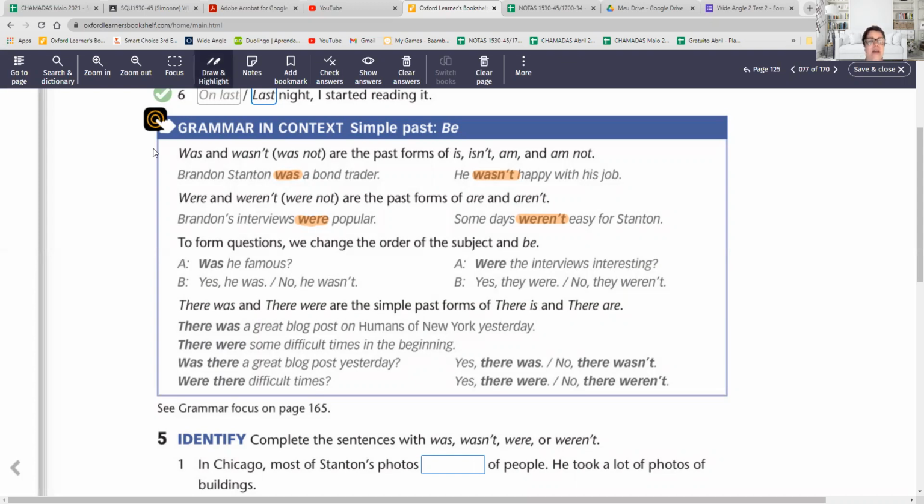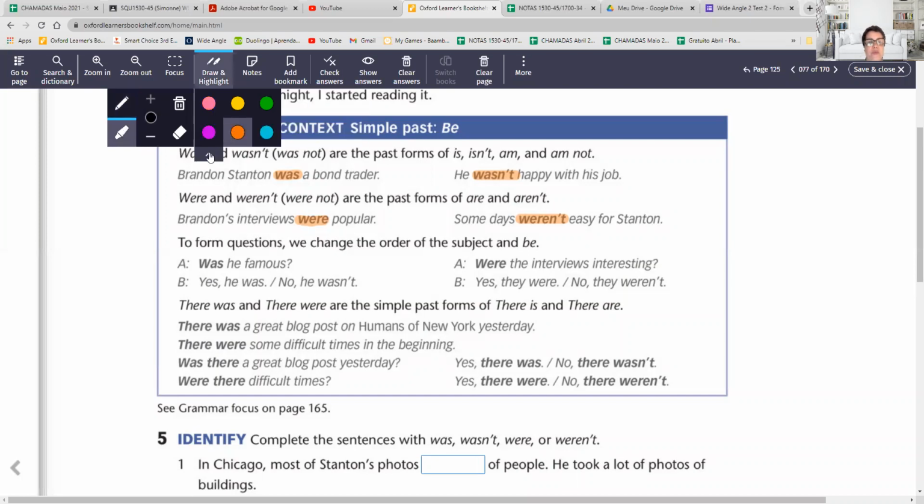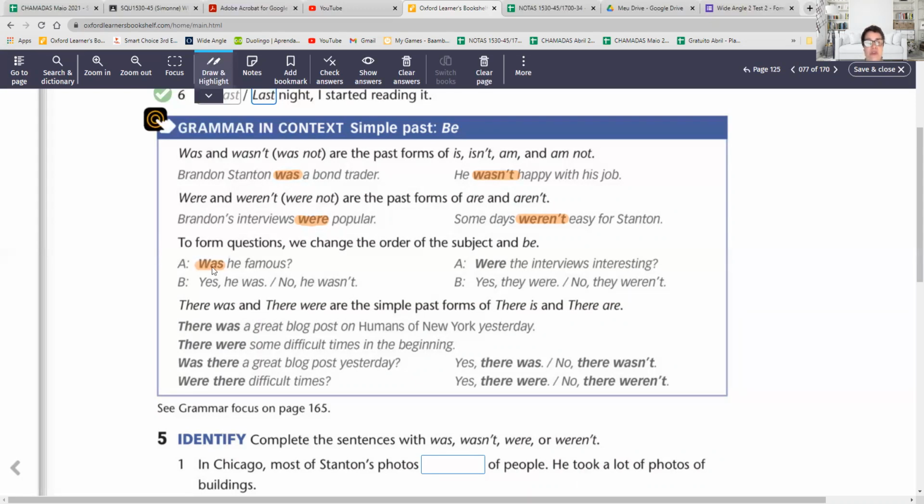As you can see, guys, it's just like the verb to be in the present. For questions, we have to place the verb to be before the subject, okay? The same thing happens here, okay? Were the interviews interesting? Yes, they were. Or no, they weren't, okay?